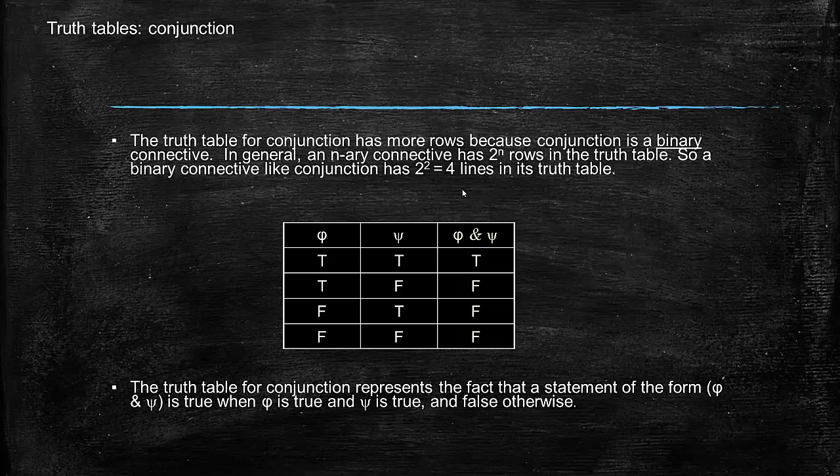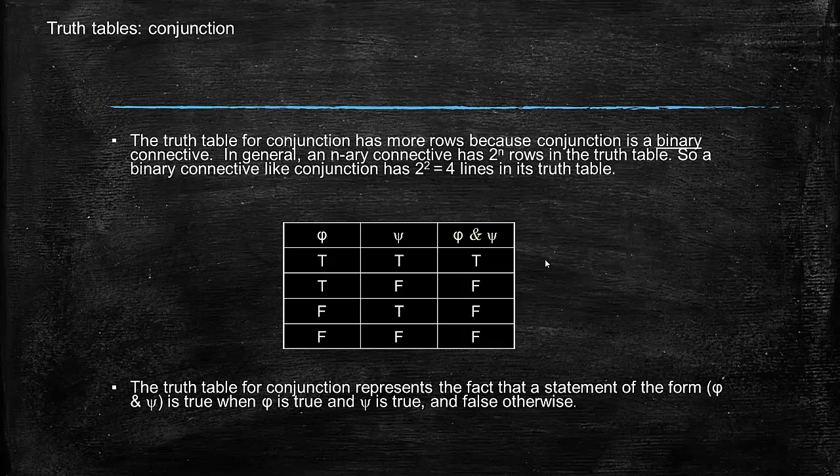Okay, so with conjunction, we have a larger truth table. It actually has 4 rows. And the reason for that is that it's what we call a binary connective. It connects 2 propositions together. And in general, you can have connectives that connect more than 2, 3, 4, 5.